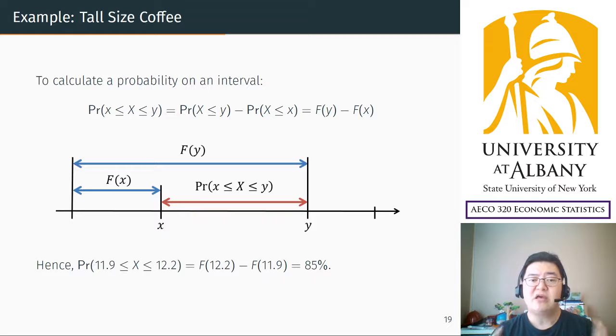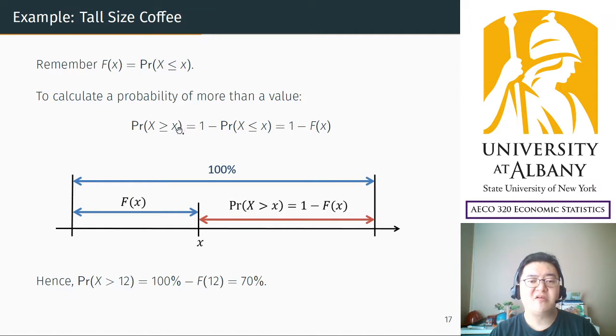So even if the probability you are interested in is not in the same form as the CDF, you can manipulate the probability on an interval as a difference of two CDFs. So again, if you know the CDF, then you can calculate any probability. We calculated a probability on an interval and the probability greater than something.